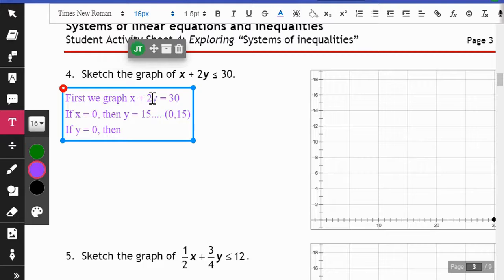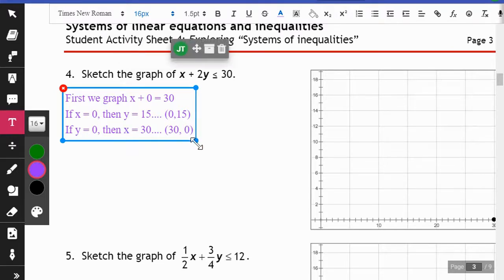Well, if y equals 0, then 2 times 0 makes 0. Anything times 0 makes 0. So I have x plus 0 equals 30. Well, the only thing I can add to 0 to make 30 is 30. So another point is where x is 30, y is 0. These are the 2 points I have to graph.